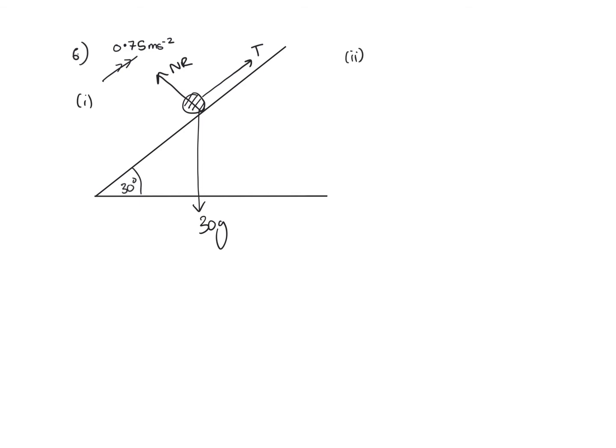Resolve the forces in directions parallel and perpendicular to the slope. Well, it's the weight that needs to be resolved in directions parallel and perpendicular to the slope. So we know that this angle here is 30 degrees. So that component there, 30g sine 30, 30g cos 30. So if we were going to resolve the forces, I could say the i component goes up the slope, j component goes off the slope.